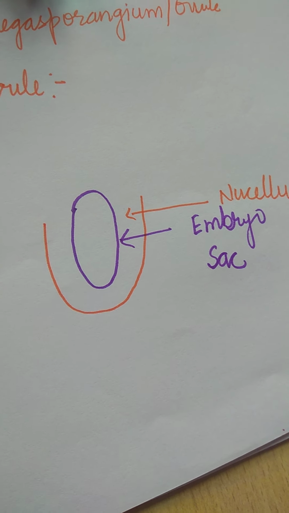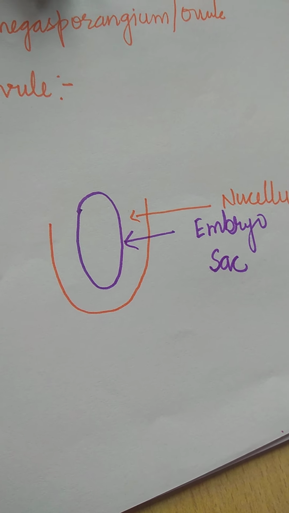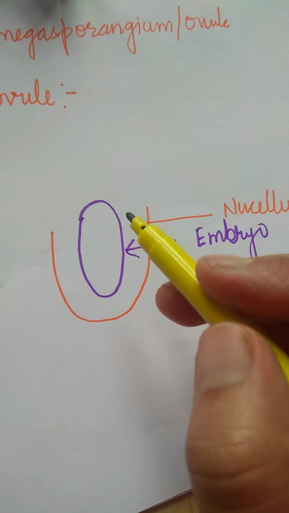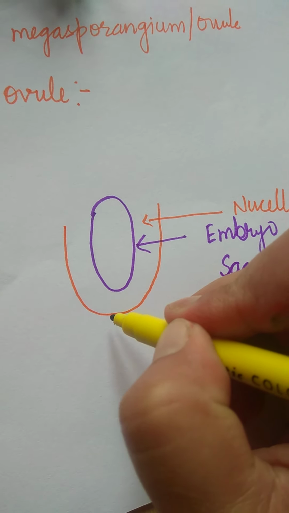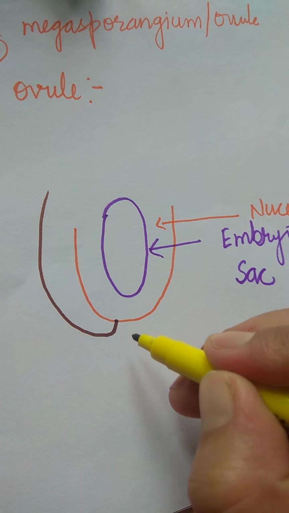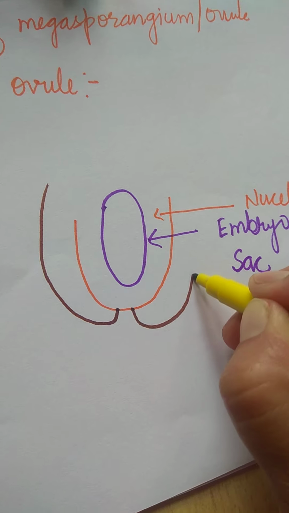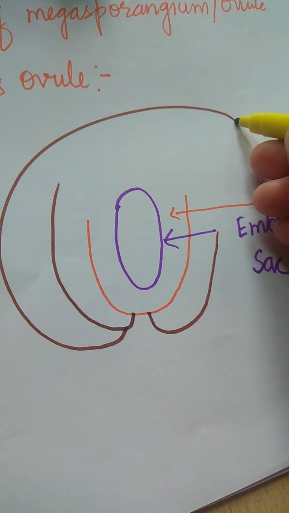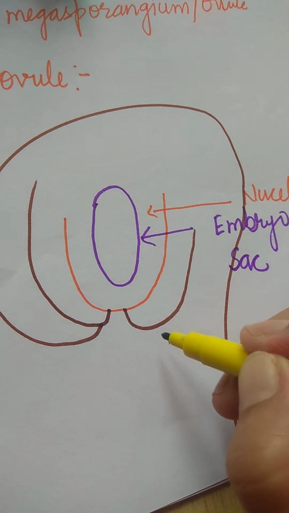This nucellus stores a large amount of reserve food material for the developing embryo sac. Outside the nucellus, we have two protective coverings: this is known as the inner integument, and this is the outer integument.